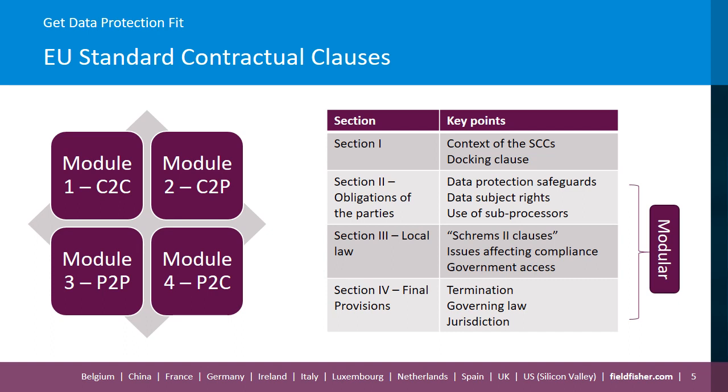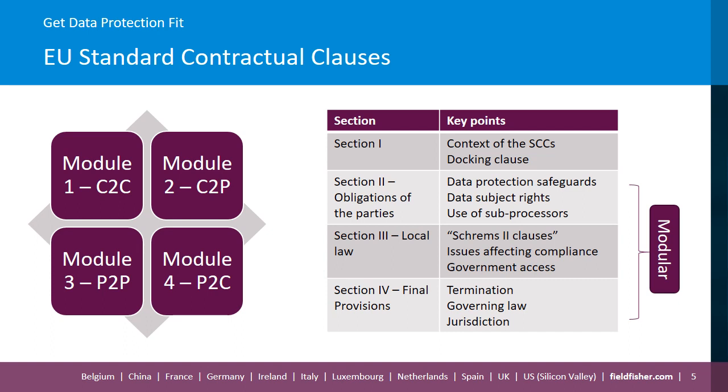You will see on the right-hand side of the slide that the SCCs are divided into 4 sections. Section 1 deals with general introductory provisions such as the purpose of the SCCs and the docking clause. Section 2 deals with data protection safeguards, liability and supervision provisions, and in cases of modules 2 and 3 fulfills all of the requirements of Article 28, negating the need for a separate data processing agreement.